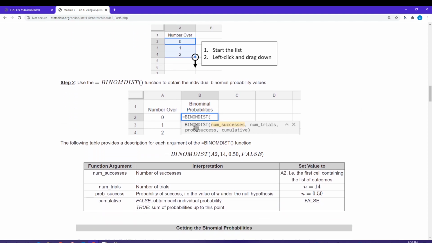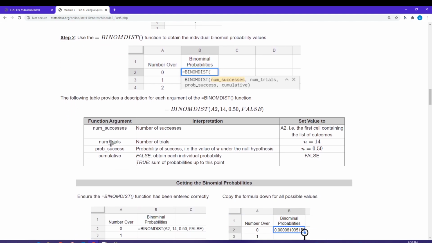The second step is to use the BINOM.DIST function. The BINOM.DIST function needs to take 4 things, and I need to put commas between those. So again, in our cell B2 here, or the probability value for 0, this is what that formula is going to look like.